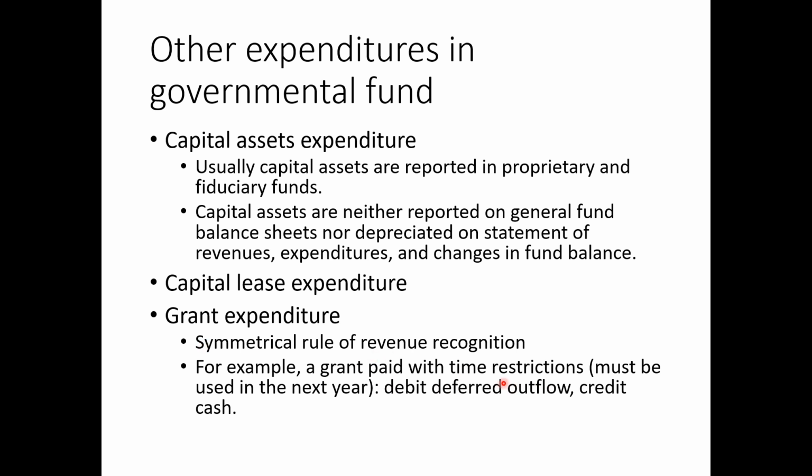Because of the rule of revenue recognition for the receipt. When there are time restrictions, they cannot recognize revenues, but the party who makes the grant also cannot recognize expenditure. Rather, it becomes a deferred outflow. It's not an expenditure yet.